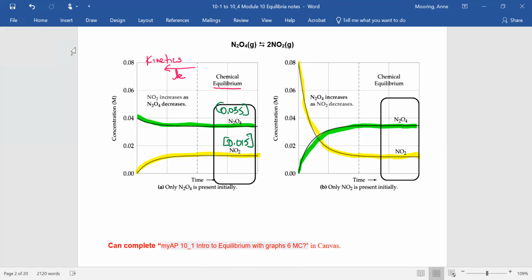If we look on the other side, the concentrations are identical, 0.035 and roughly 0.015. So no matter where we start, we're going to end up with the same relative concentrations of products to reactants. That's why we have the equilibrium constant K.